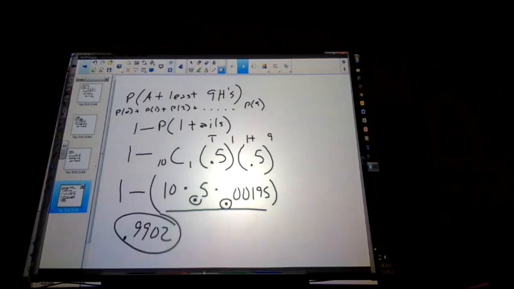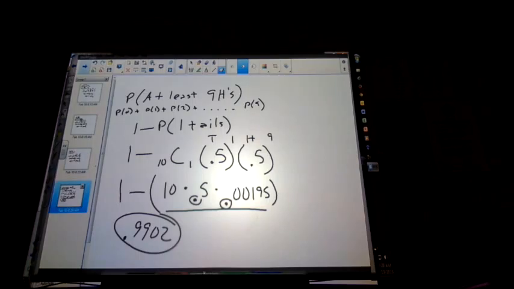And then the probability you get at least 1 tail. Probability of at least 1 tail. Wouldn't it just be that, subtract by 1?